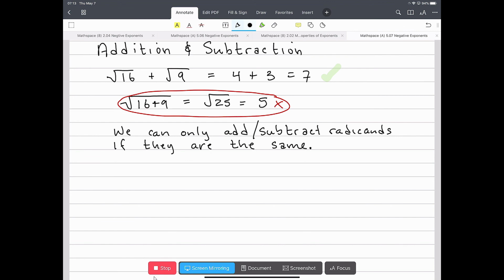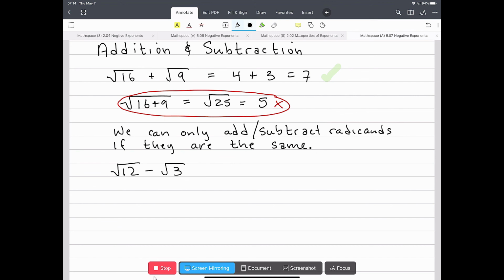Otherwise, we'd have to hope to simplify them. So for example, let's look at the square root of 12 minus the square root of 3. I can't just do 12 minus 3 on this because the radicands aren't the same.